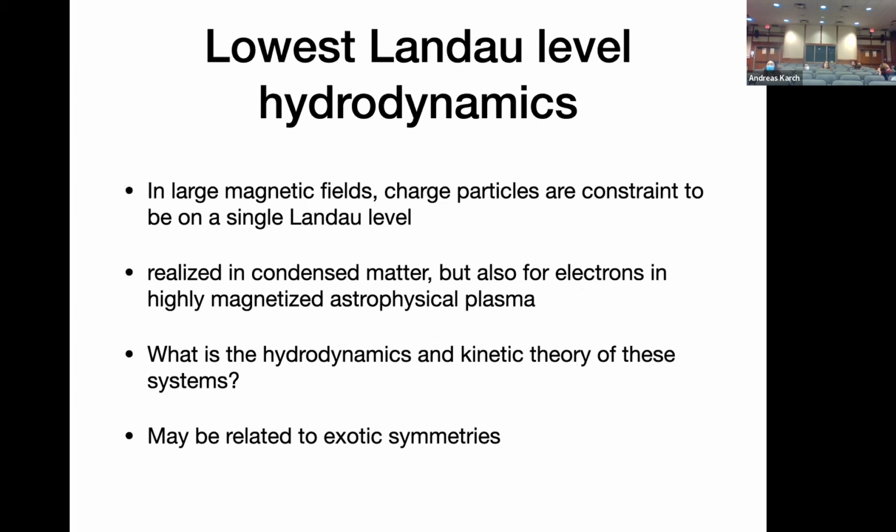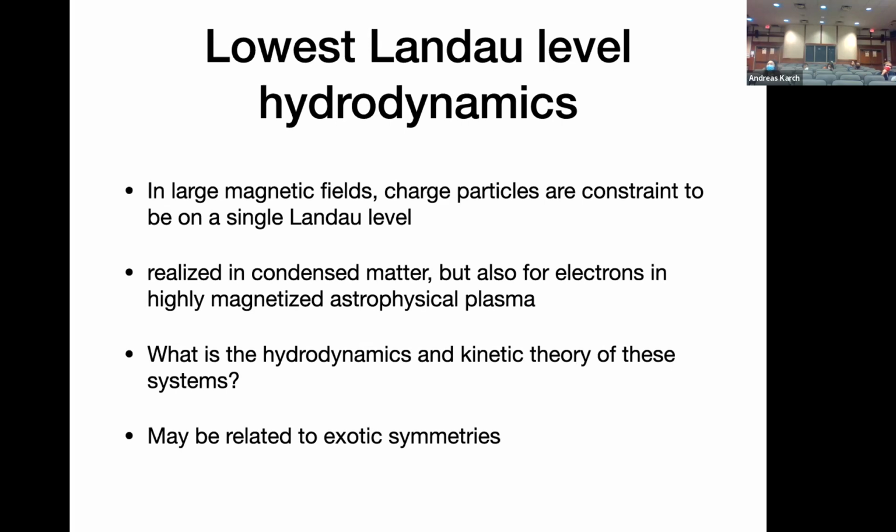We know that if the magnetic field is high, if the energy scale of the system is low, for example, if the temperature in the system is low, then all these charged particles will be located in a single Landau level. This is a situation that can be realized in condensed matter systems, gallium arsenide in high magnetic field, but it seems to be more widespread in nature.